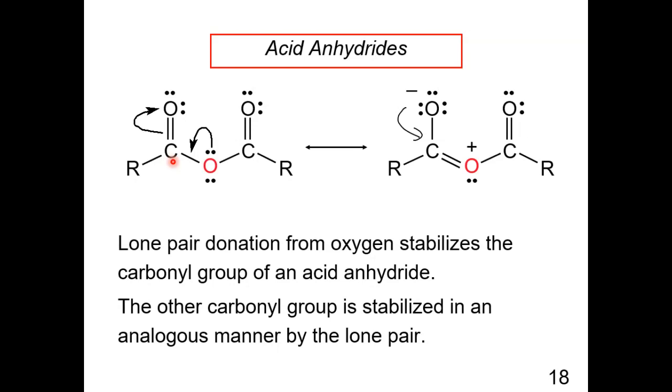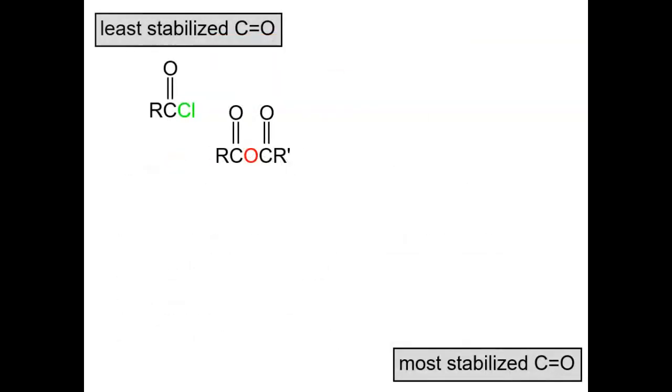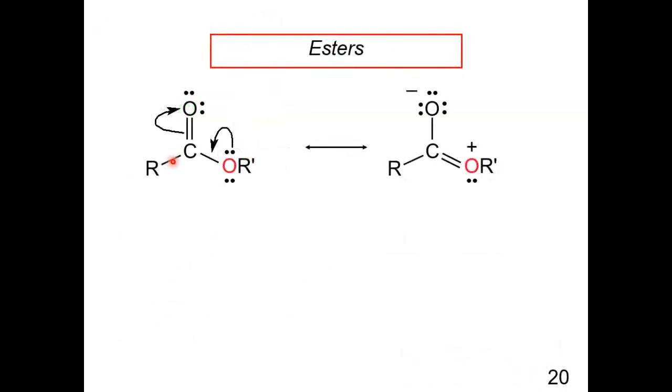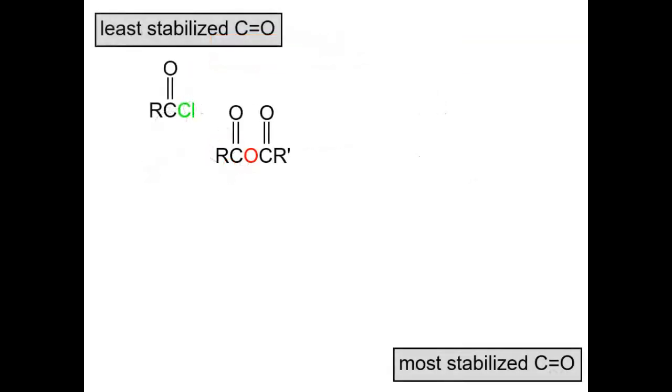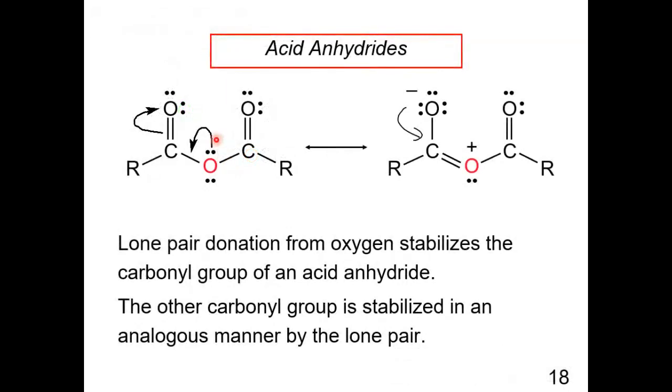Half. That makes the difference between the ester and anhydride, because in the ester, you still have the lone pair bearing oxygen atom that can donate its lone pair to its carbonyl. But the difference is that in ester, each carbonyl is exclusively stabilized by one oxygen atom, and in acid anhydride, two carbonyls have to share one electron donating oxygen atom.